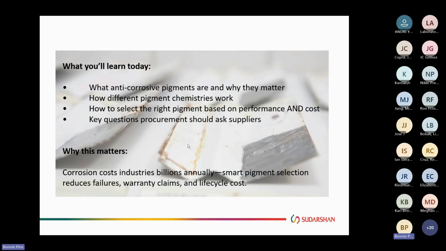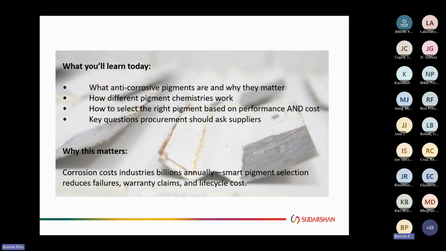I'll also give you a little bit of insight into how to select the right pigment based on the performance required and the overall cost of the formulation, not only in that anti-corrosive formulation, but the overall formulation for the end product. And then also some key questions you should ask suppliers like Sudarshan about the products and your application area.